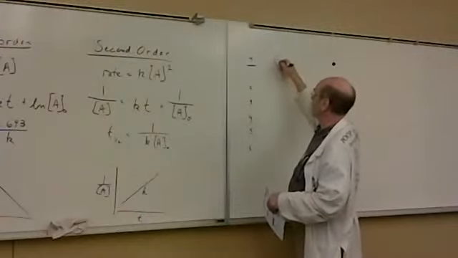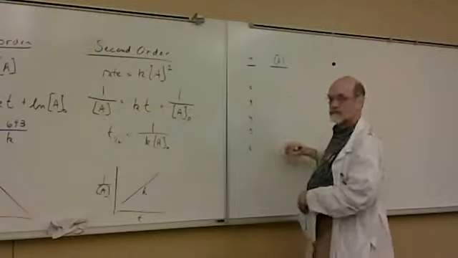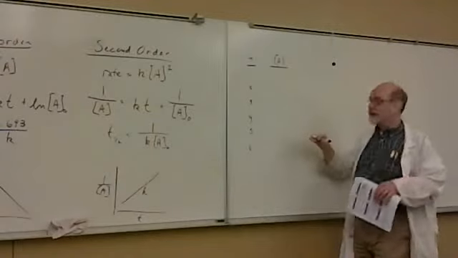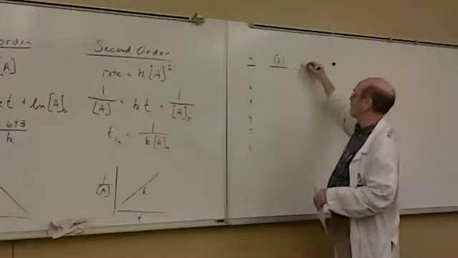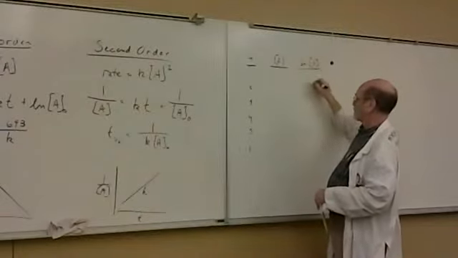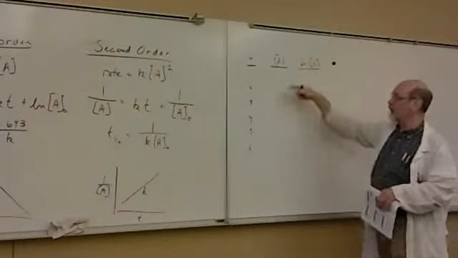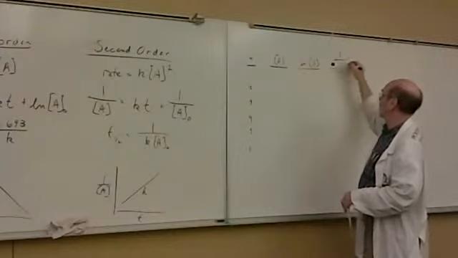So you're going to get a concentration of A at these time intervals. You take these values and you convert them, so you get the log values. Then you take those values again and you take the inverse.